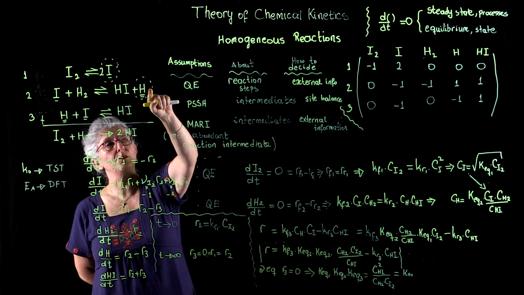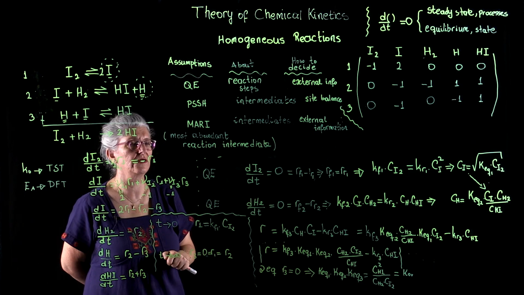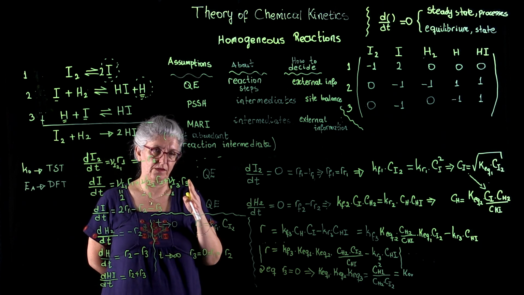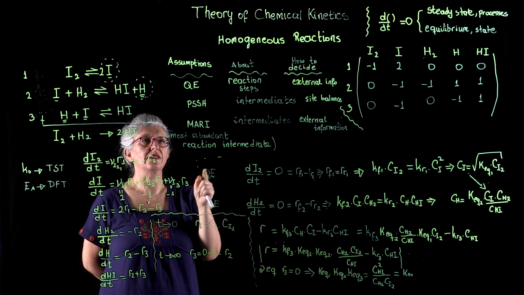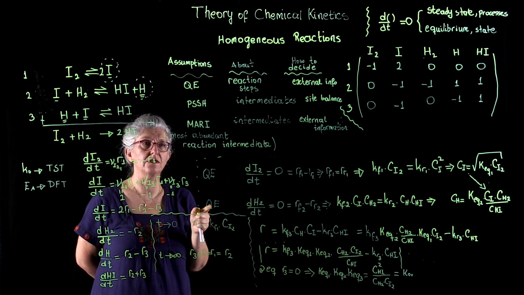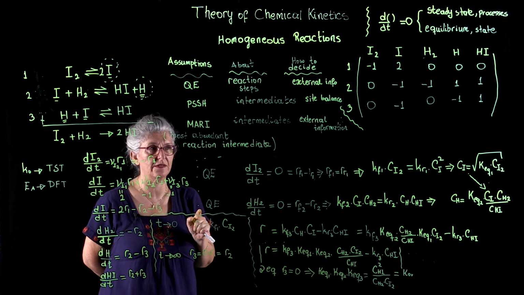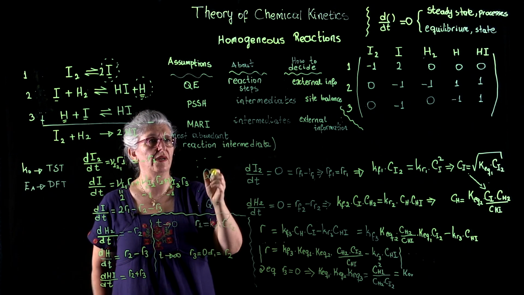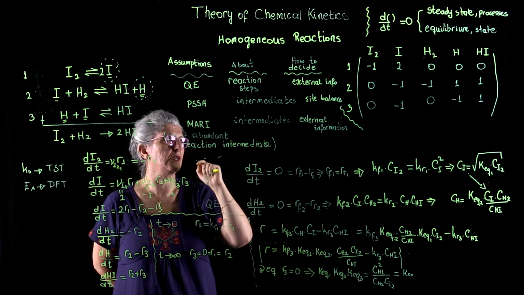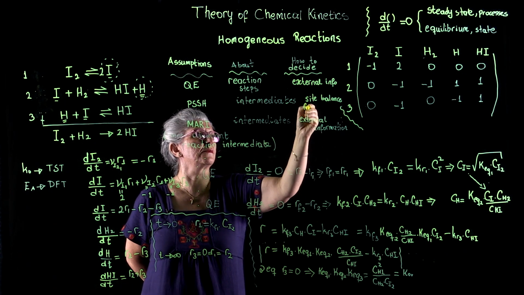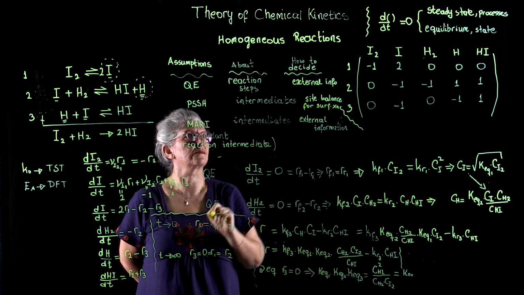If this step is at equilibrium, for example, we need external justification eventually to firmly state that this step is at quasi-equilibrium. Pseudo-steady state hypothesis is about intermediates, and most abundant reaction intermediate is also about intermediates, and it is a frequently used assumption for surface reactions. Okay.